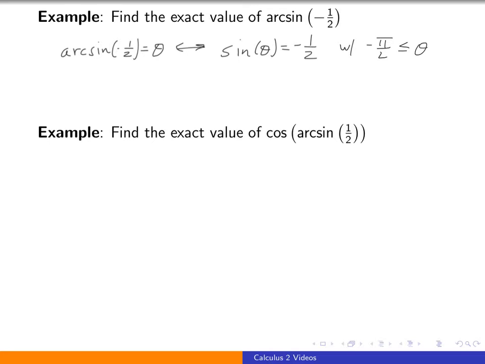That's the key thing to recall. Whatever output we have for the arcsine function, it's always going to be in this interval from minus pi over 2 to pi over 2. So we think in that interval, where is sine equal to minus 1/2, and there's only one value, and that value is minus pi over 6. So arcsine of minus 1/2 is equal to minus pi over 6.